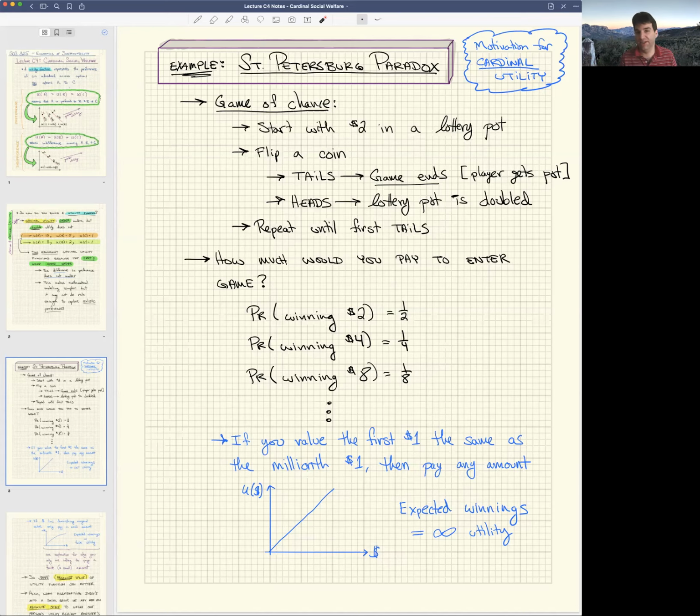On one hand, you say the starting pot is 2, so why risk losing? What I should say is, what is a good price tag I should put on this?